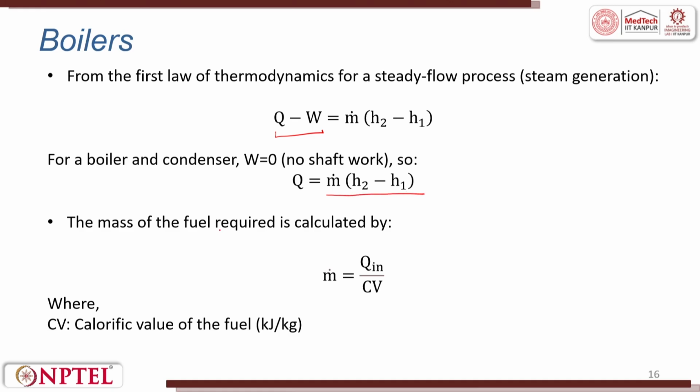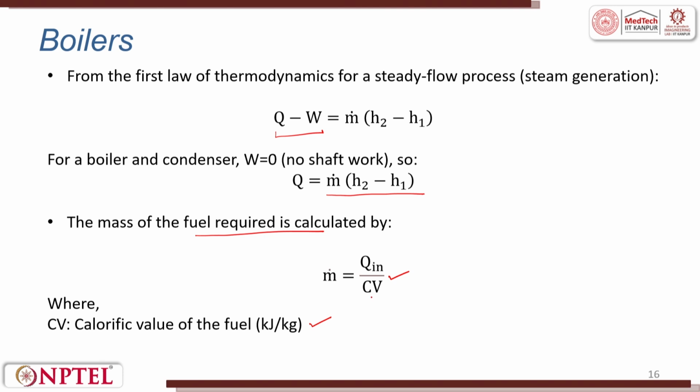The mass of the fuel required is calculated by m dot is equal to Q in by CV, where CV is the calorific value of the fuel in kilojoules per kg, depending upon the fuel that we are using. Majorly coal is used, depending upon the kind of coal, hard coal or soft coal, the mass of the fuel is calculated according to the calorific value.